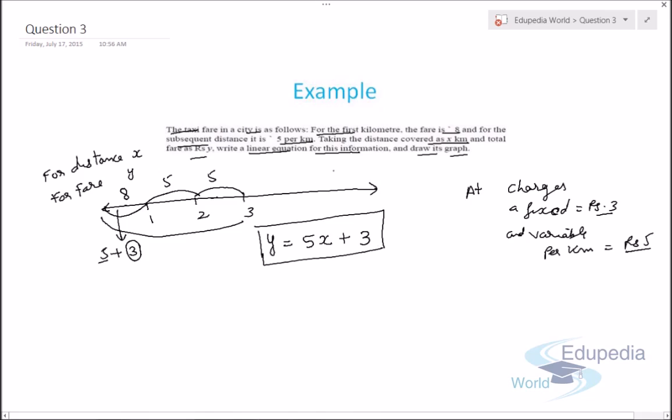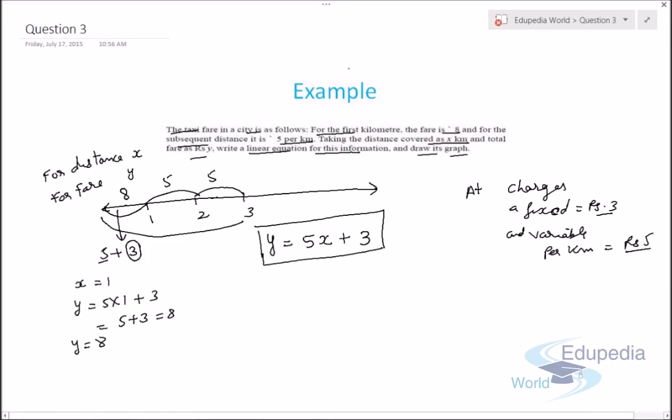Now again we have to draw its graph. It's very simple. Again we have to assume the values and draw the box, and using the Cartesian system we can draw the graph. Now suppose we take x as 1, we get y as 5 into 1 plus 3, which is 5 plus 3, which is 8. So we get y as 8.